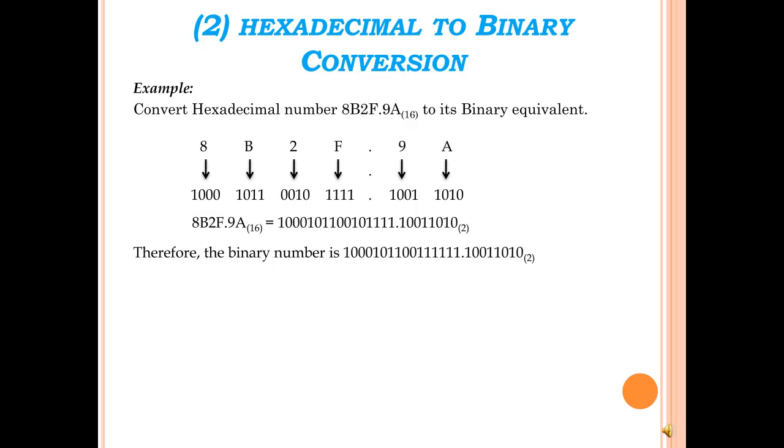That means the final valuation of hexadecimal number 8B2F.9A base 16 is equal to 1000 1011 0010 1111.1001 1010 base 2, and this valuation is the binary number.